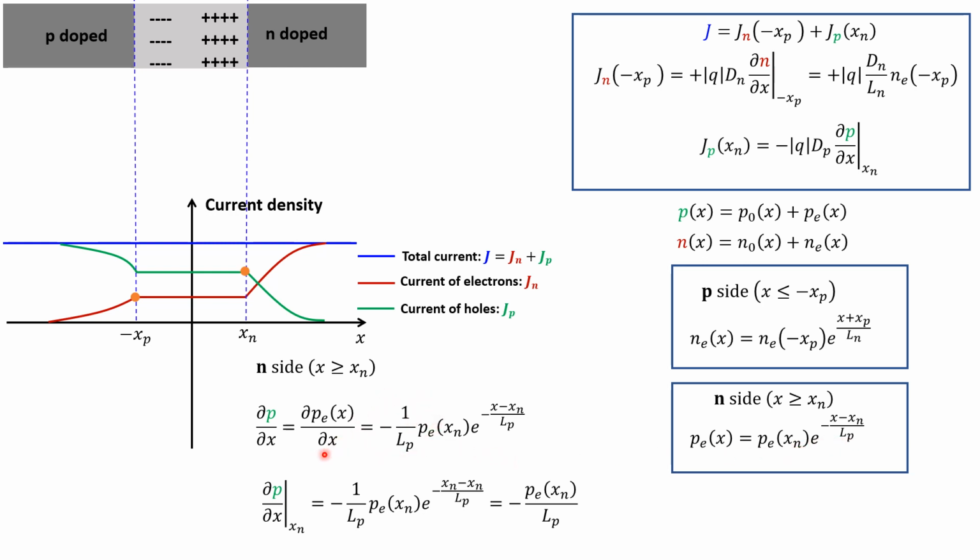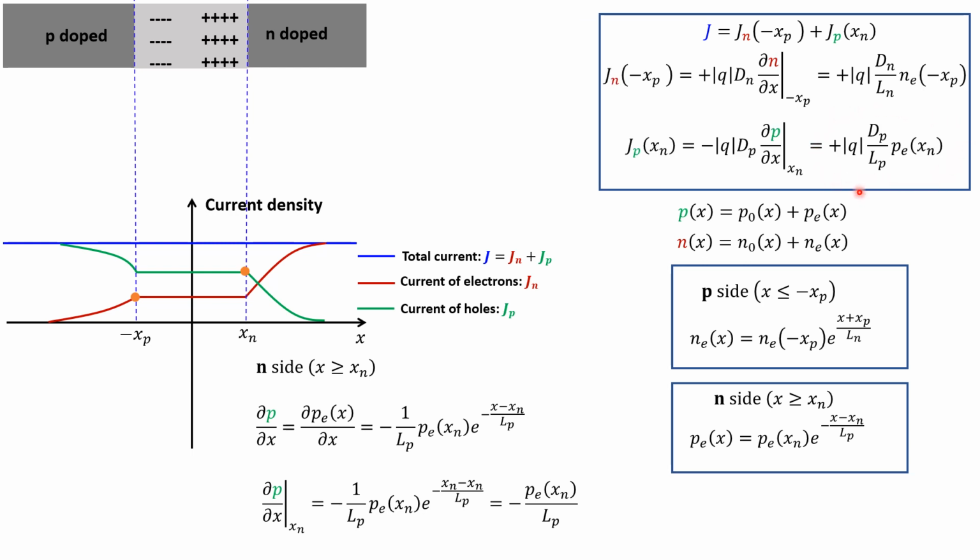Then we evaluate it at the point xn, so we replace x with xn, we have xn here, and this is going to be 0. So this derivative reduces to this term, and when we use this term over here, we get this expression for the current of holes evaluated at this point.